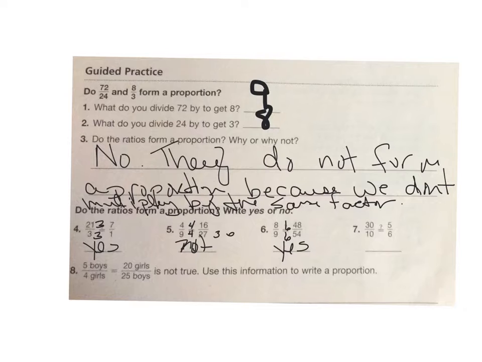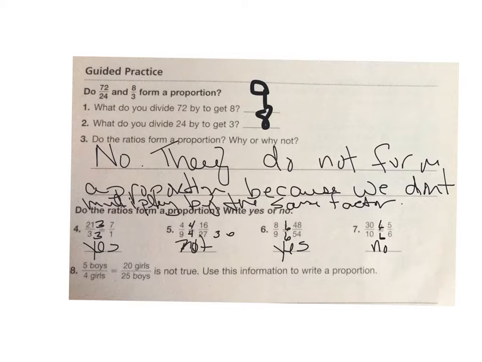Okay, if I'm looking at 30/10, if I divide 30 by 6, I'm going to get 5. But if I divide 10 by 6, that isn't going to work out. So no, these do not form a proportion.